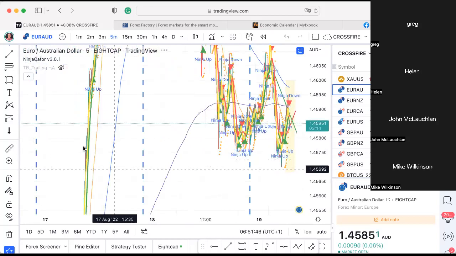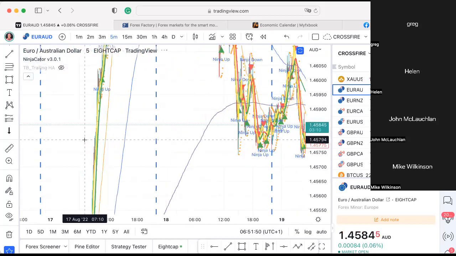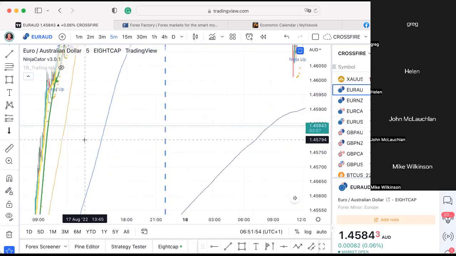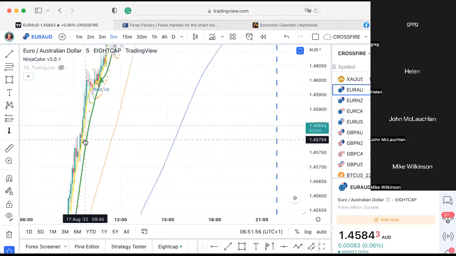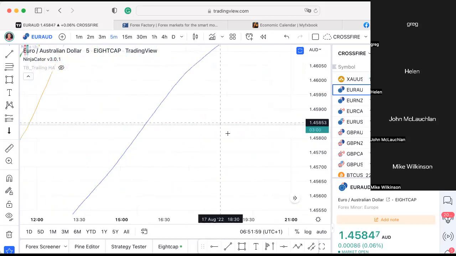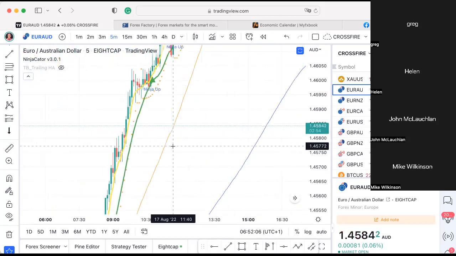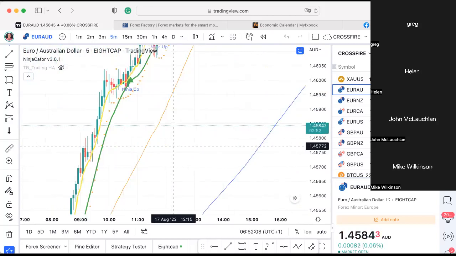Now, here we need to zoom in to see it accurately. Current price is where that green line is there. Can you see how much imbalance there is?